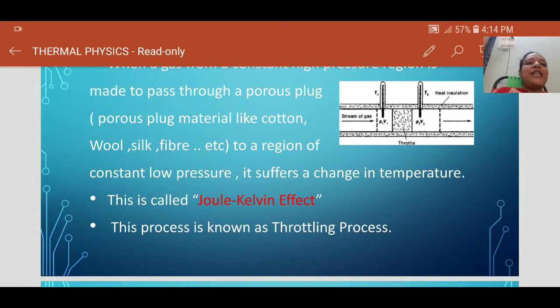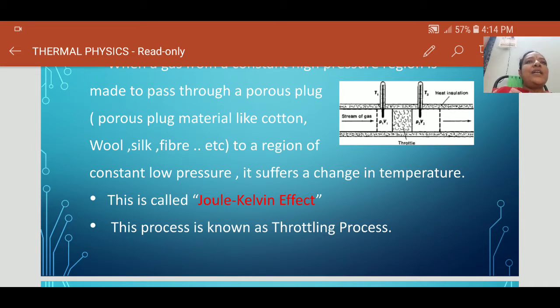Here it is an adiabatic process. This total Joule Kelvin effect through the porous plug is an adiabatic process. So to do this work, the gas has to do work against the intermolecular forces of attraction between the molecules, because it has to move.